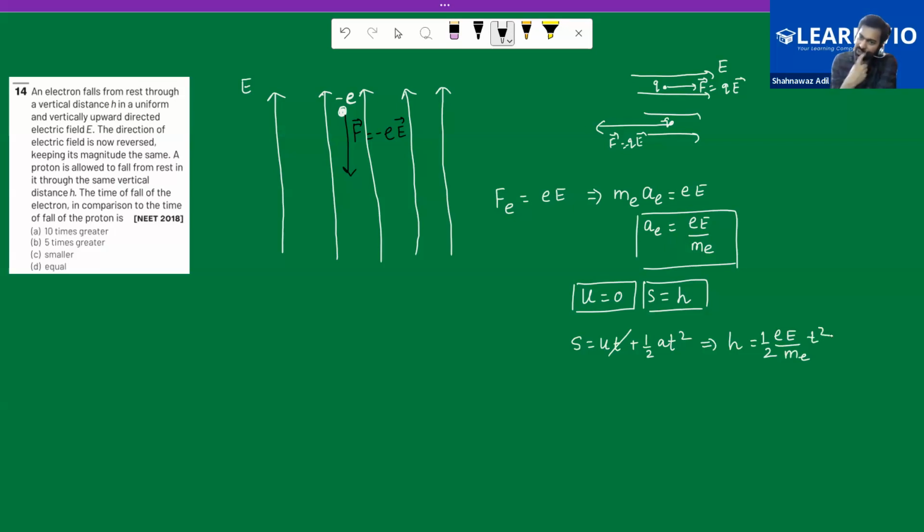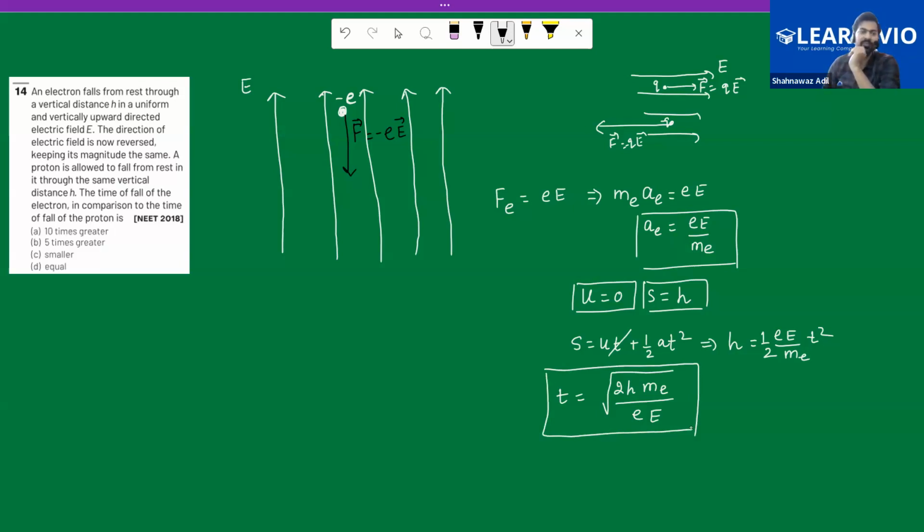Right, so this is the result. Now they are asking for the time of fall of the electron, so we have to calculate the time. h and mass will multiply, and then divide by the charge and the electric field, so we get t equals root of 2hm by eE. So this is the time that I'm getting.